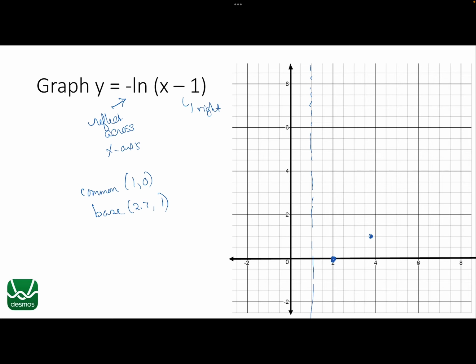But the reflection says reflect across the x-axis, so I would be negative 2.7 or 3.71, negative 1. And now my log looks like this. Anything that was above the x-axis is now below. Anything that was below the x-axis is now above.